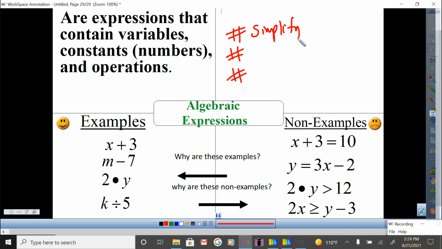Thank you. Another one. Hashtag no equal signs. Yes. What else? One more. Yeah. Hashtag cannot be solved. That is correct.